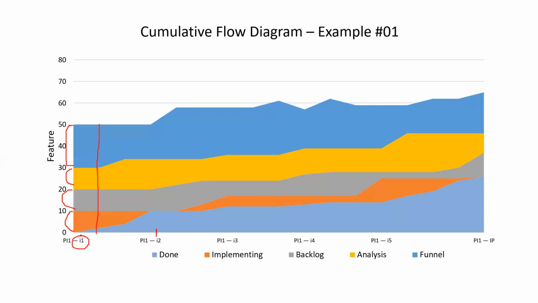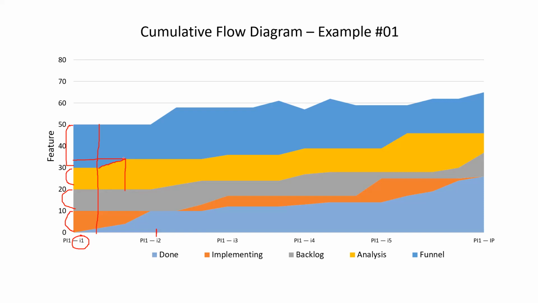The analysis line started moving up. When we started, there were 10 issues in the analysis stage. But by the time we reached here, maybe another 3 or 4 issues or features moved into the analysis stage from the funnel. That's the reason the line went up.